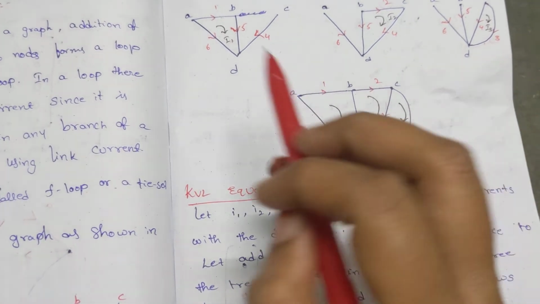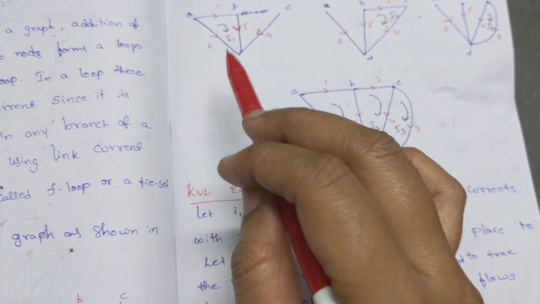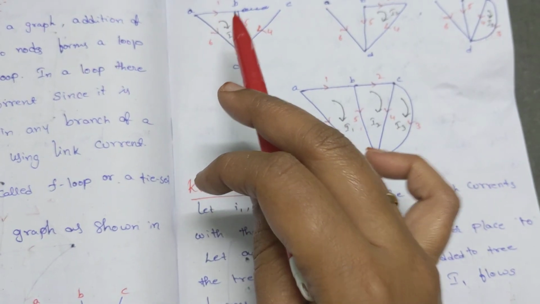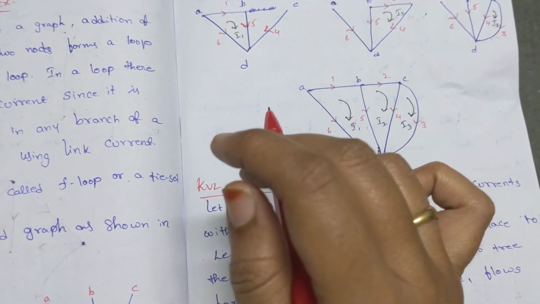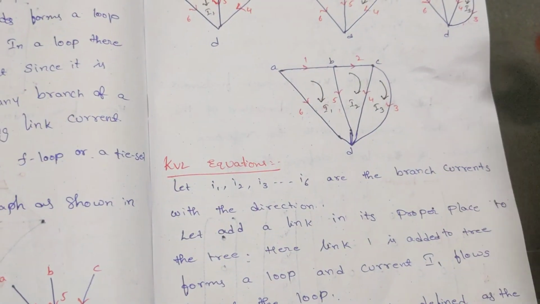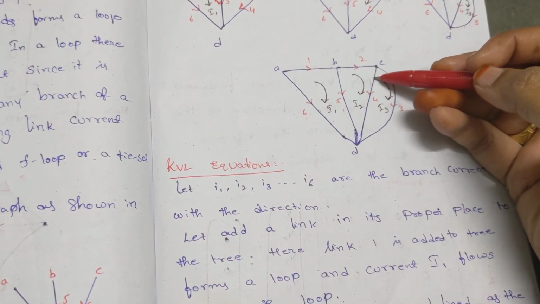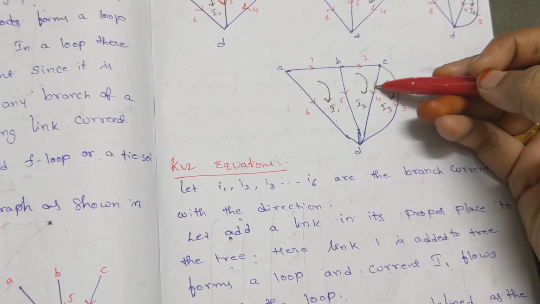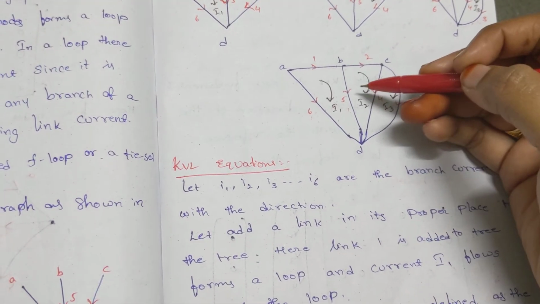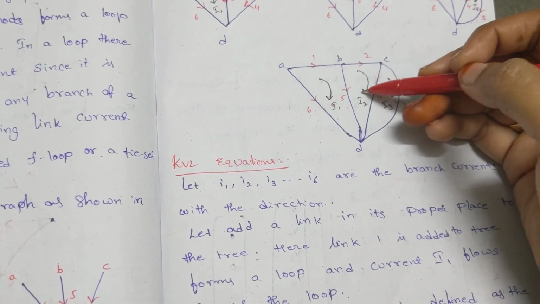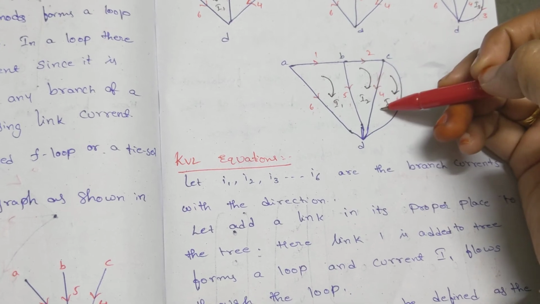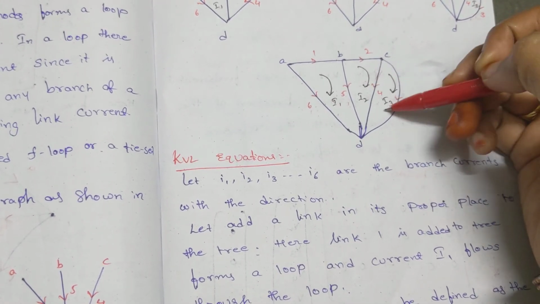Because I am assuming the loop current directions in such a way that they coincide with the link currents. And please observe here, to find the branch current I4, it is combined with two loops, that is I2 and I3.